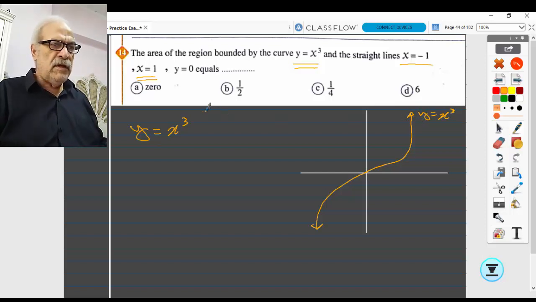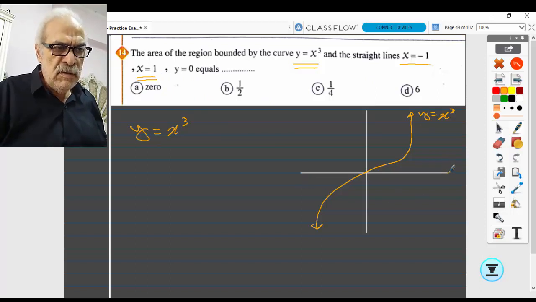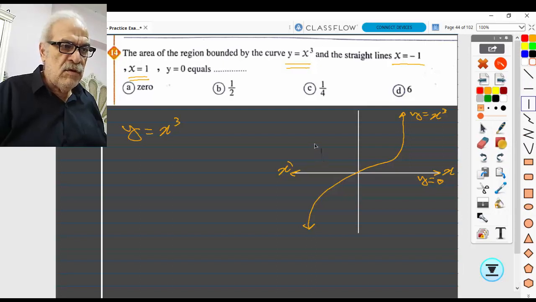Now here the area bounded by these straight lines. y equals 0 is the x-axis. Here, this is y equals 0. And x equals -1 is a straight line passing through the point -1.